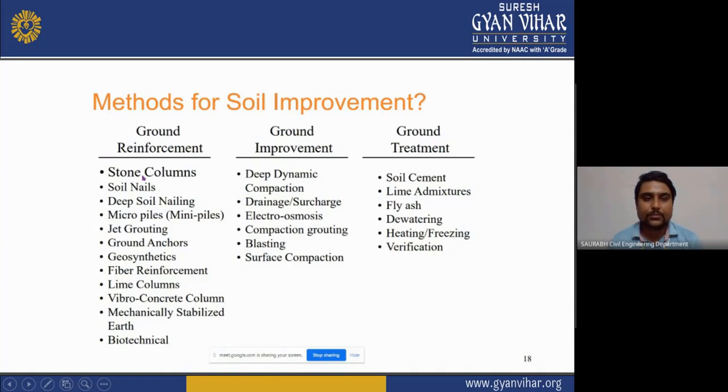In ground reinforcement, there are stone columns, soil nails, deep soil nailing, micropiles, jet grouting, grout anchors, geosynthetics, fiber reinforcement, lime column, vibro concrete column, mechanically stabilized earth, biochemical, deep dynamic compaction, drainage surcharge, electro-osmosis, compaction grouting. These are the soil improvement techniques. So these methods are involved in soil improvement.